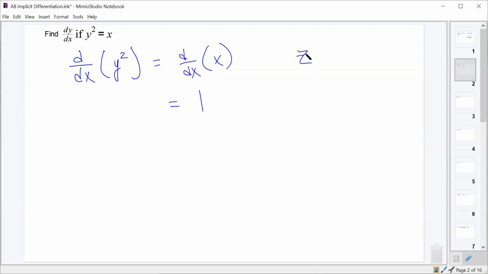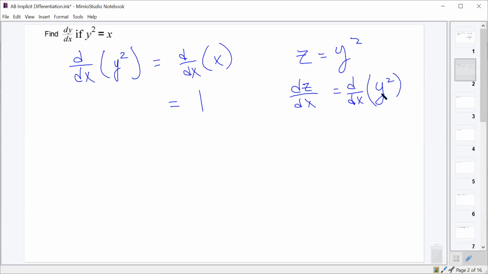Let's pretend that this is something like z equals y squared. And we want to find dz dx, which would be the derivative with respect to x of y squared, right? Would you agree that the derivative of z with respect to x would be the derivative with respect to x of y squared? Okay.